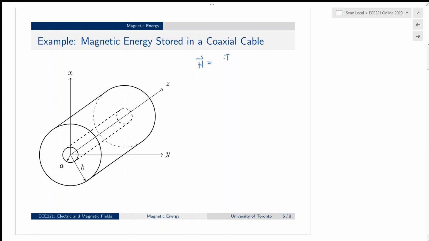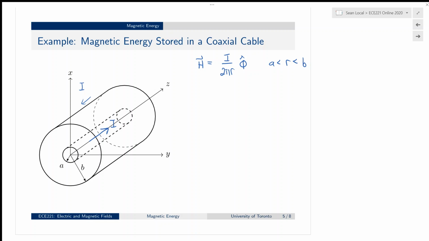This is simply equal to I over 2 pi r phi hat, assuming that the current flows in the Z direction, and that we have some return current on the shield so that this magnetic field is only non-zero between the two conductors.